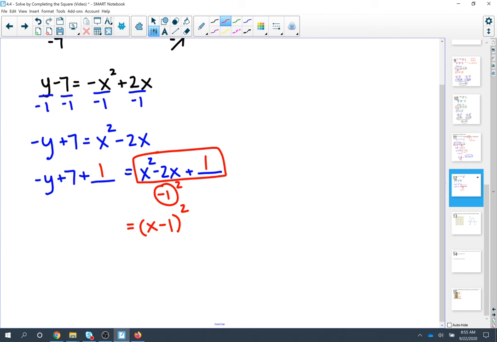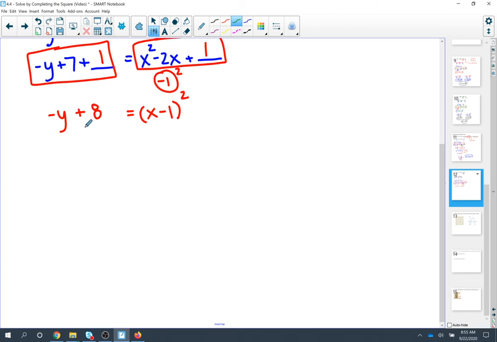On the left, we're going to combine like terms, so we have a negative y, and then 7 plus 1 is plus 8. Then we have to get our y back by itself, so I'm going to subtract 8, which is going to leave me with negative y equals, in parentheses, x minus 1 squared, and then put your minus 8 on the end.